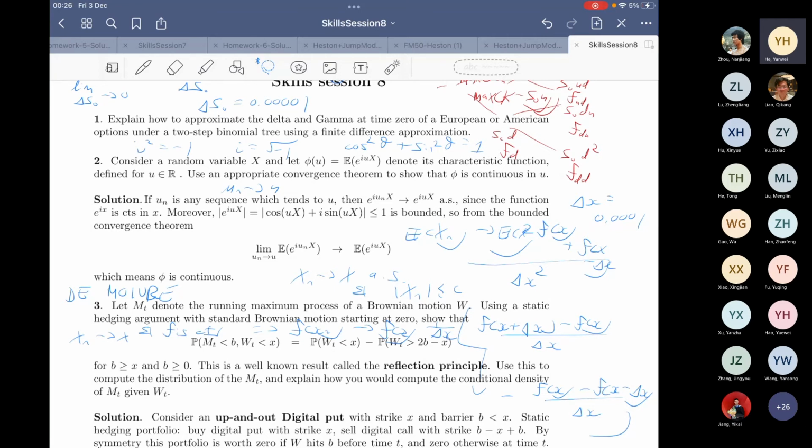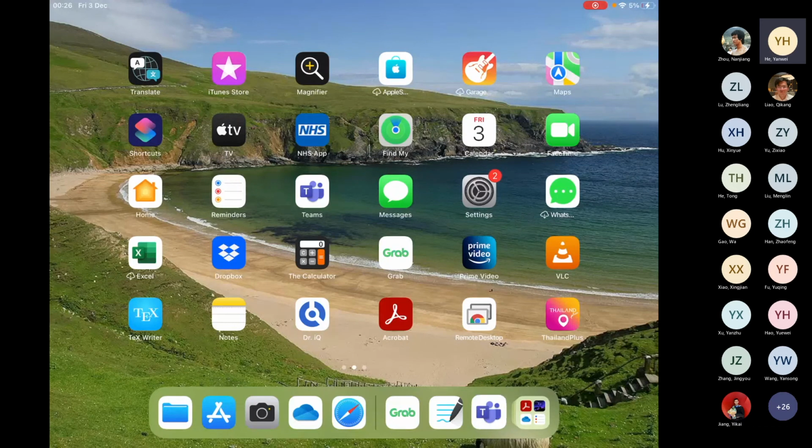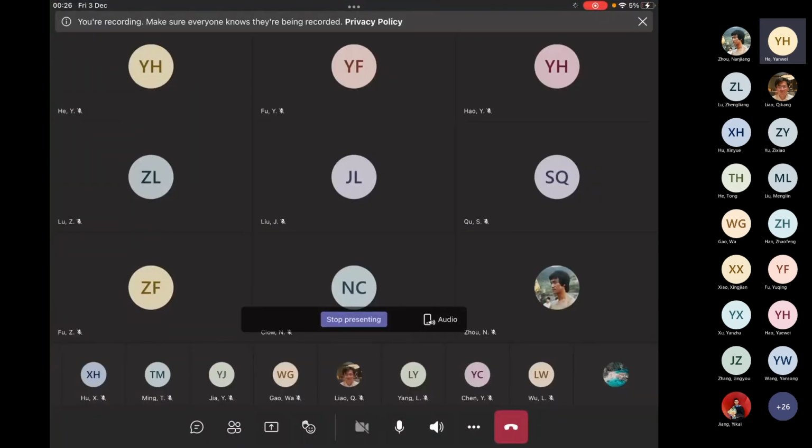Maybe everyone mute if you haven't muted already. I think the noise might be coming from the iPad actually, but I don't know what it is. Some annoying background noise.